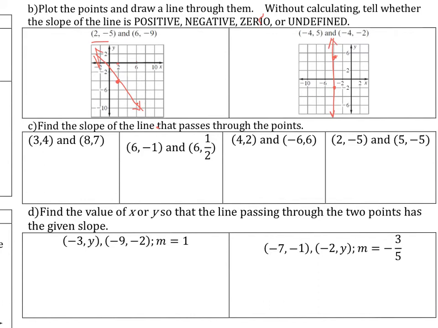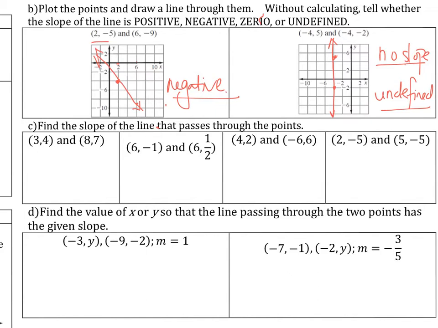So for the first example here, the slope is negative because it's falling from left to right. And this one, the line is vertical, so it's no slope, or you can write undefined. You don't have to write both answers. You could just write either no slope or undefined.